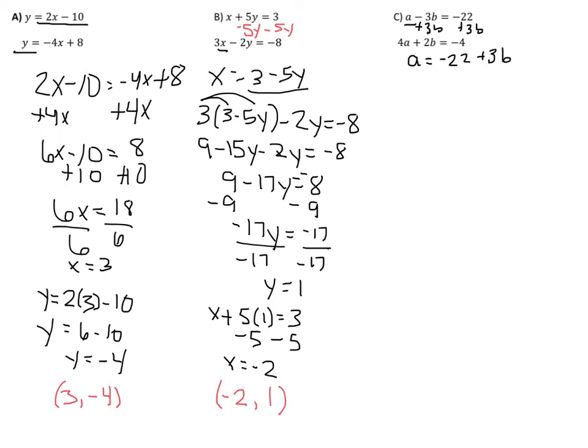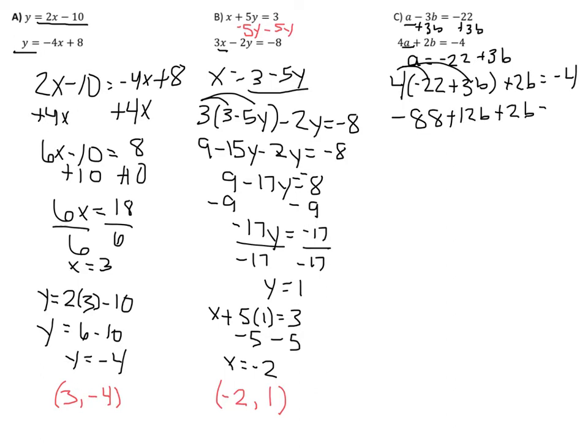Then in my second equation for a, I can plug in what I've got. So I have 4 times (negative 22 plus 3b) plus 2b equals negative 4. I'm going to distribute to both pieces, and that's going to give me negative 88 plus 12b plus 2b equals negative 4.